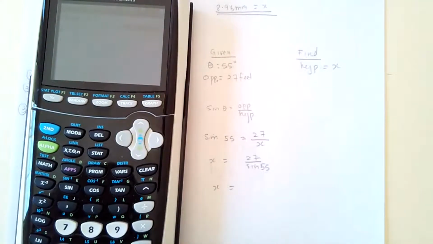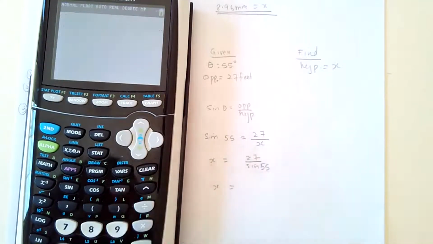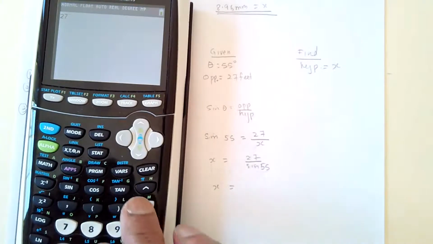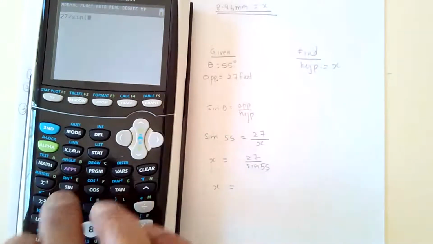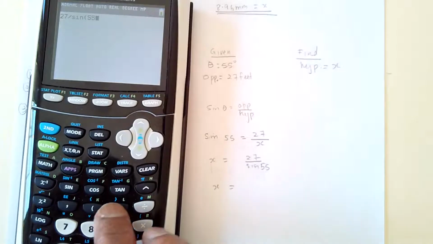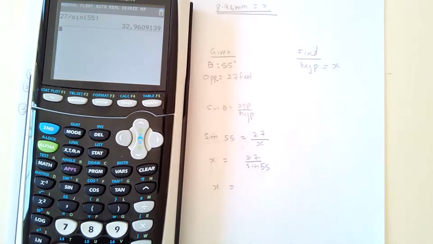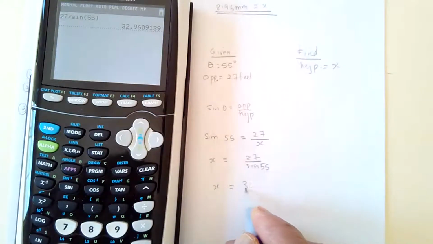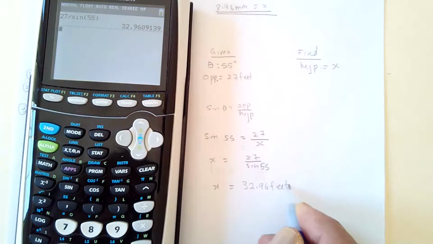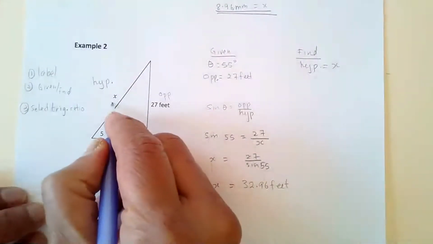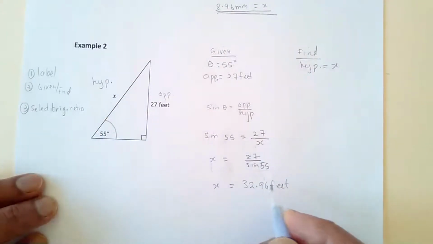And I have 27, remove the previous one. 27 divided by sine 55. Press enter, and it gives me 32.96 feet. So x is 32.96 feet.